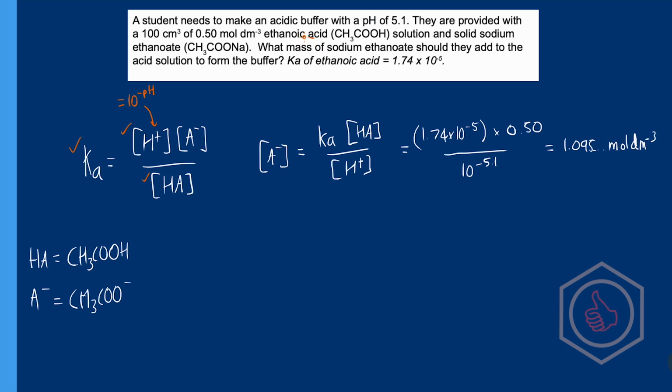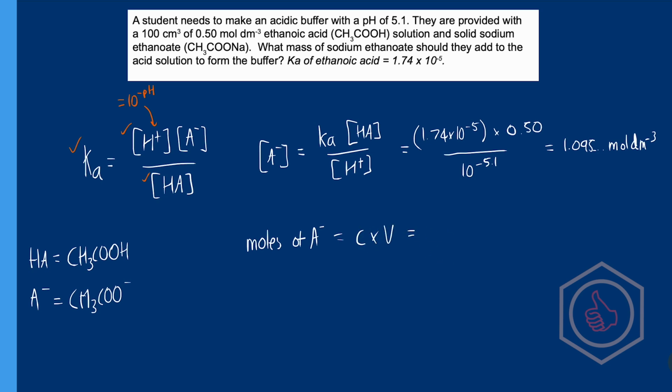So now we need to figure out what mass of sodium ethanoate we need to add to the solution to give this concentration of A-. Well, first of all, let's figure out the moles of A- we need to give that concentration in this volume. So moles of A- equals concentration times volume.